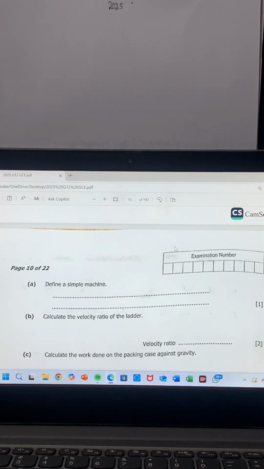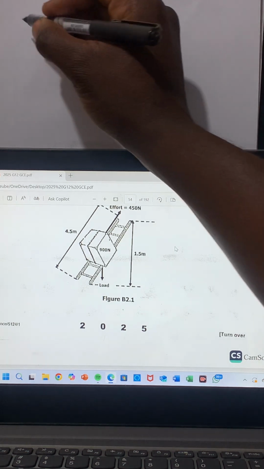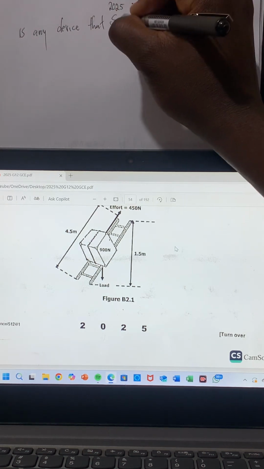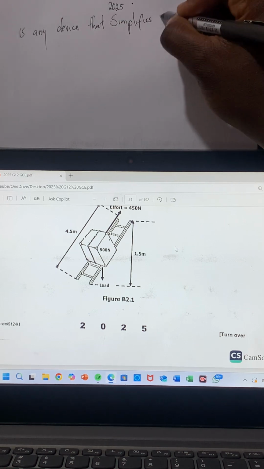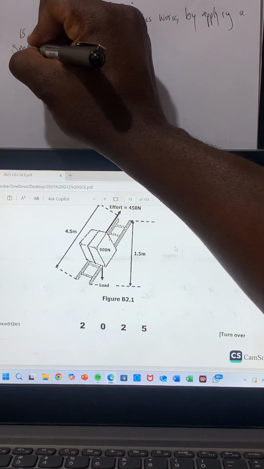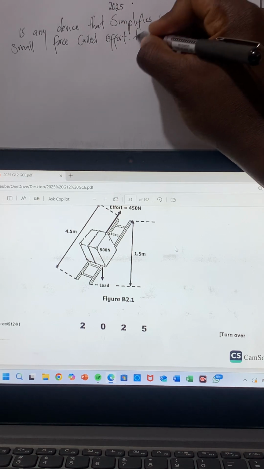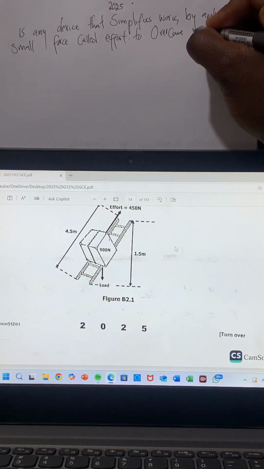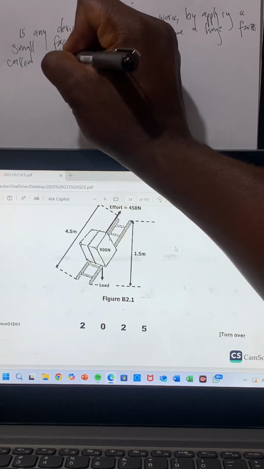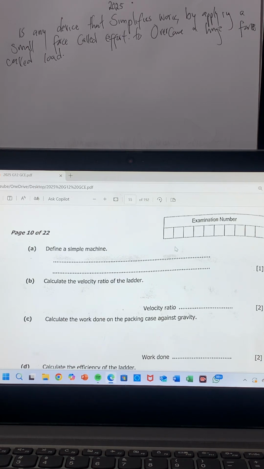Since it's 1 mark, a simple machine is any device that simplifies work by applying a small force called effort to overcome a huge force called load.